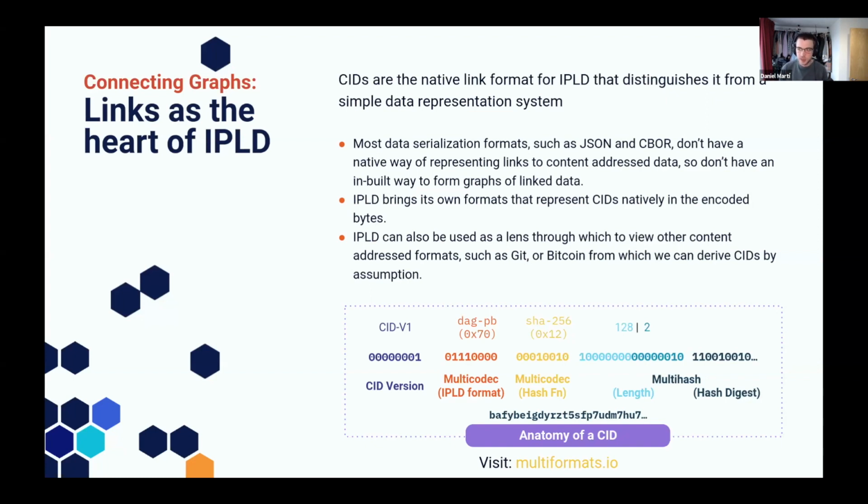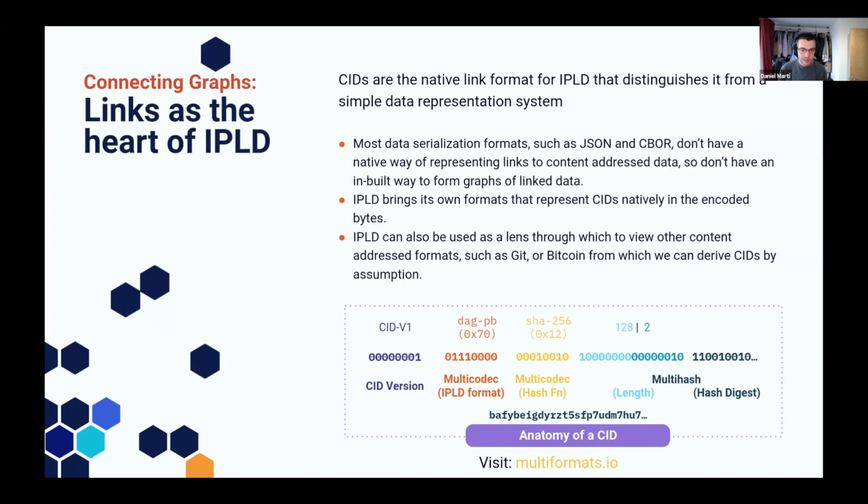You can think of them as building on top of those codecs, because IPLD itself needs to store other kinds of data like links. So we bring these formats and we call them multicodecs. And I'm going to give a couple of examples in a second.